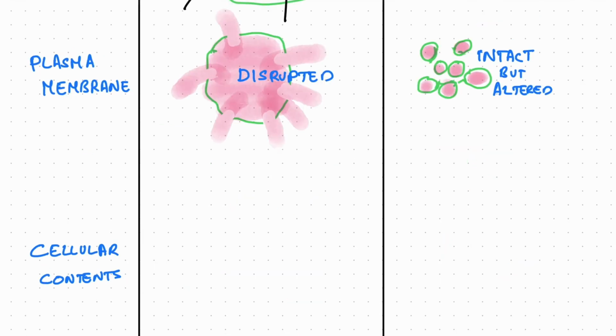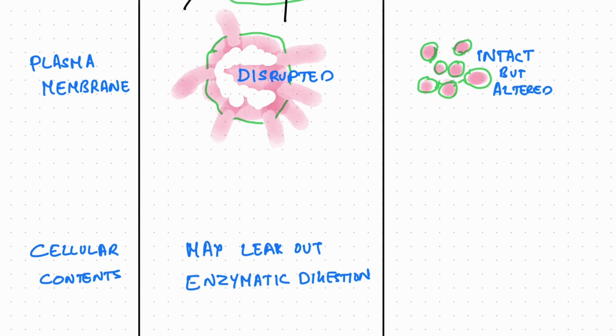Now, think about what happens to the contents of the cell. In necrosis, because the cell membrane is damaged, cellular contents can leak out. At the same time, lysosomal enzymes can contribute to enzymatic digestion of a dead cell.